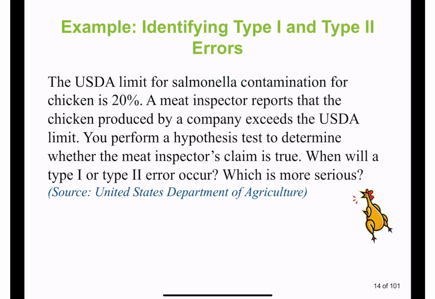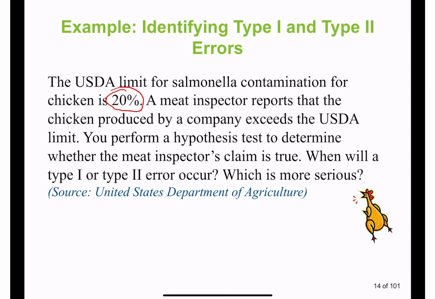Let's go over an example for type 1 and type 2 error. Usually the USDA limit for salmonella contamination for chicken is 20%. The claim is 20%. A meat inspector reports that chicken produced by a company exceeds the USDA limit. So the inspector doesn't believe that it is within the 20% limit. He says, no, it's more.